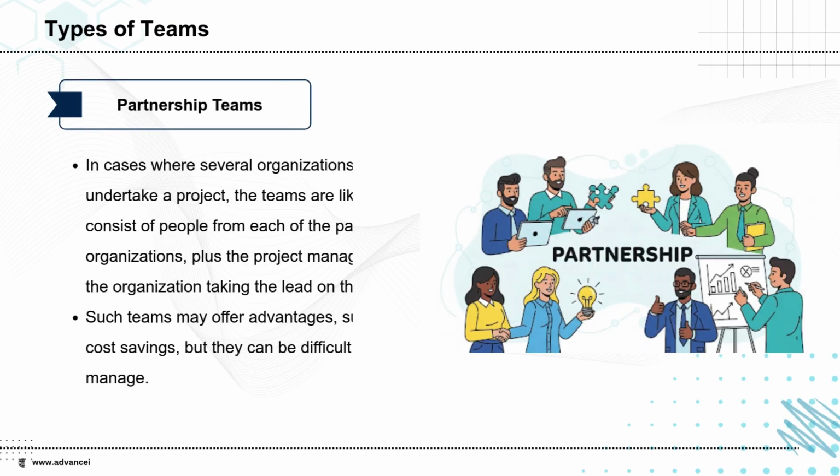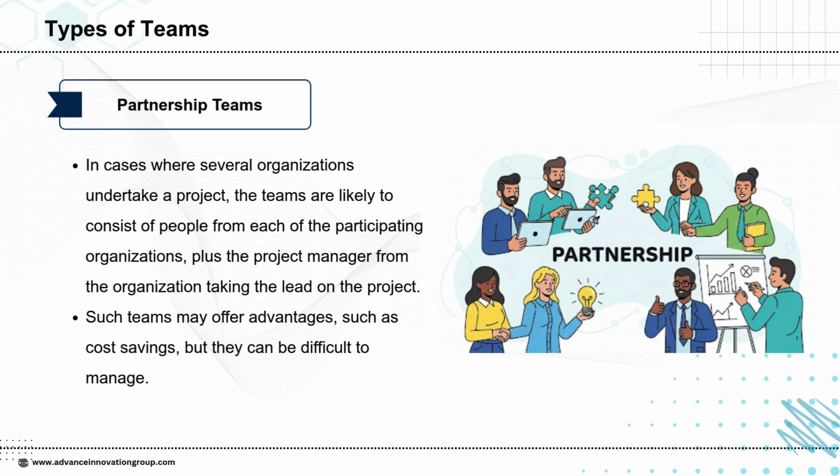The next type of team structure is the partnership team. This type of team is formed when multiple organizations come together to work on a project. The team is usually made up of members from each of the participating organizations, while the project manager often comes from the lead organization managing the project. Partnership teams can provide significant benefits such as cost savings, resource sharing, and access to specialized expertise.